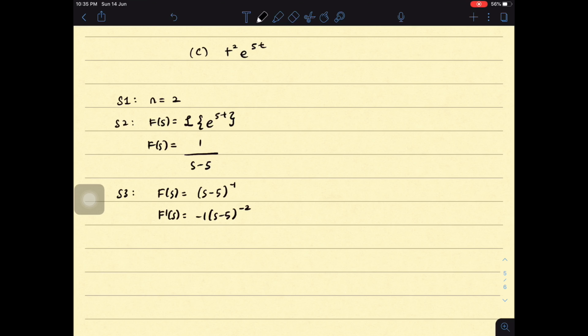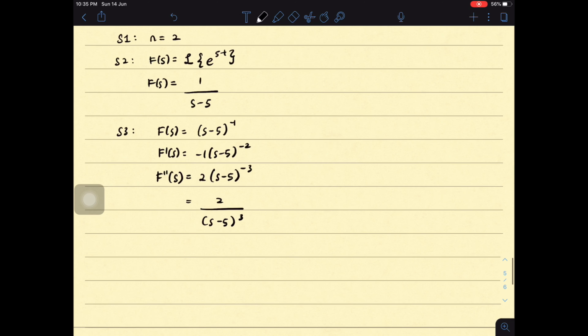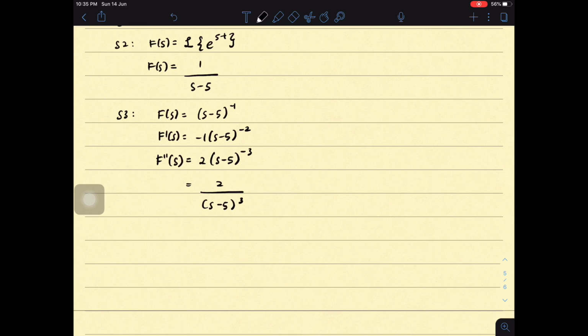Do the derivative twice: we have F double prime of s equal to negative 1 times negative 2, which is 2, times (s minus 5) to the power of negative 3. Bringing it down again, it is 2 over (s minus 5) to the power of 3. This is the second derivative of your F(s).